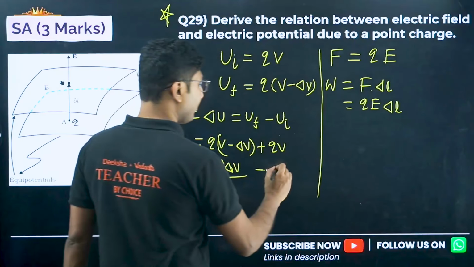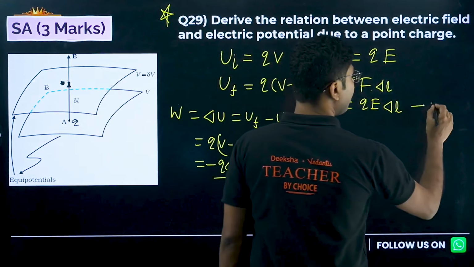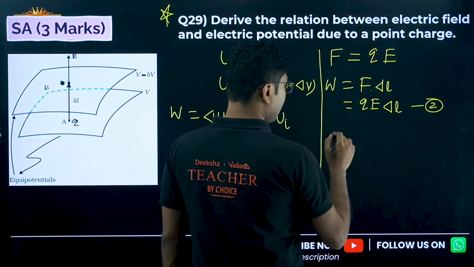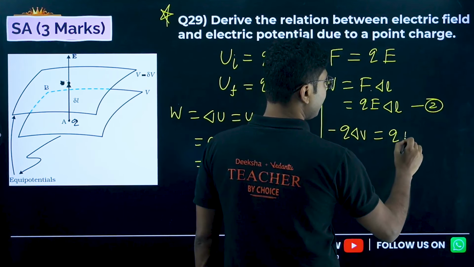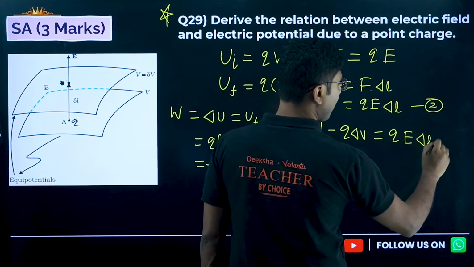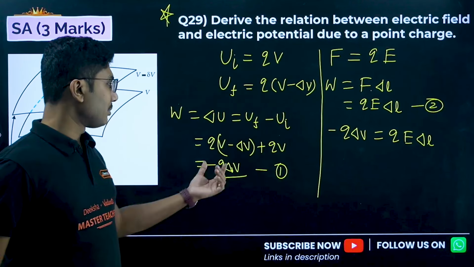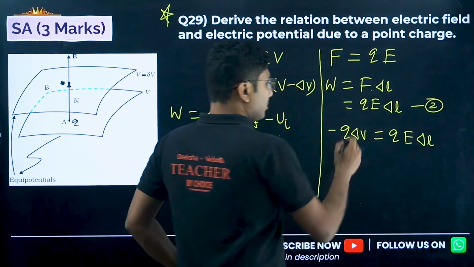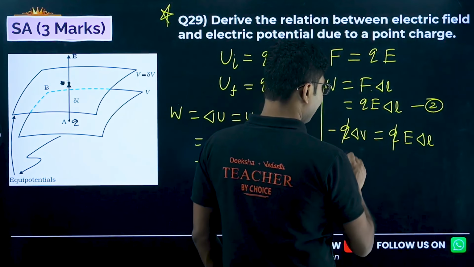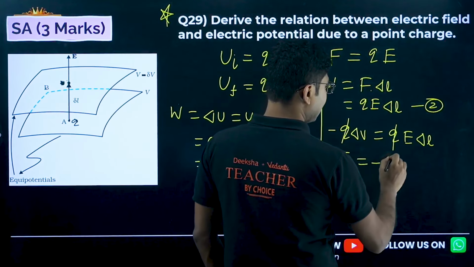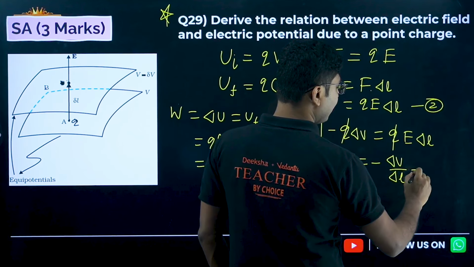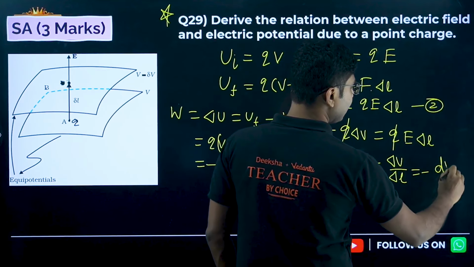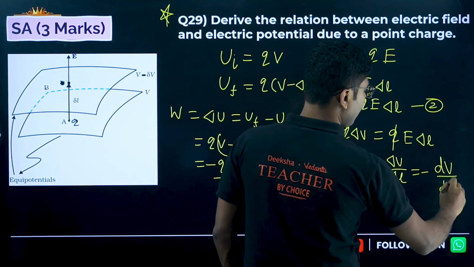So comparing equation 1 and equation 2, minus Q delta V must be equal to Q into E into delta L. These two work done must be equal. So Q gets cancelled and we get E equals minus delta V by delta L. In differential form, we can write this as minus dV by dL.